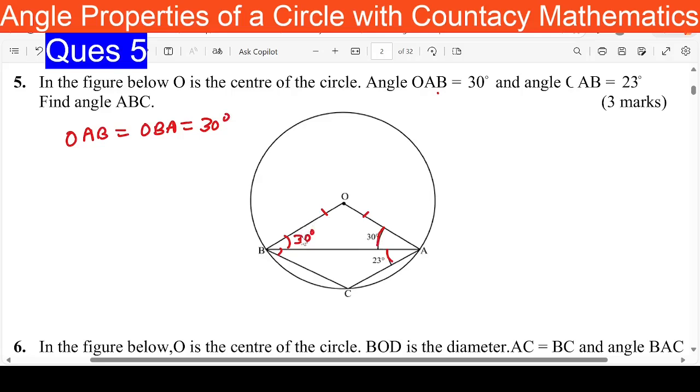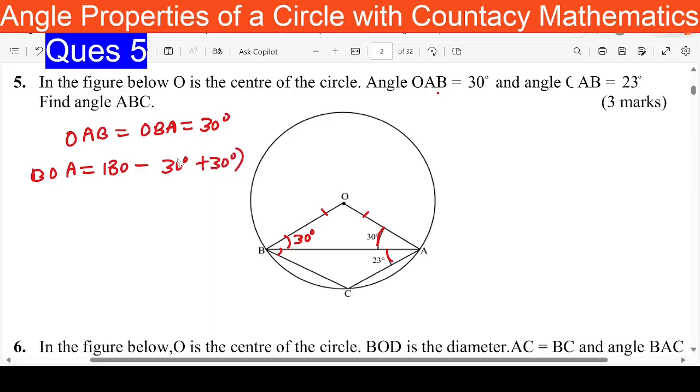Since we have this one as a triangle, and we already have these two angles, we can find the third angle. Remember, what we are looking for is angle BOA. So we write BOA right there. It is equivalent to the total number of degrees in a triangle, which is 180, minus the sum of the remaining two angles, which is 30 degrees plus 30 degrees.